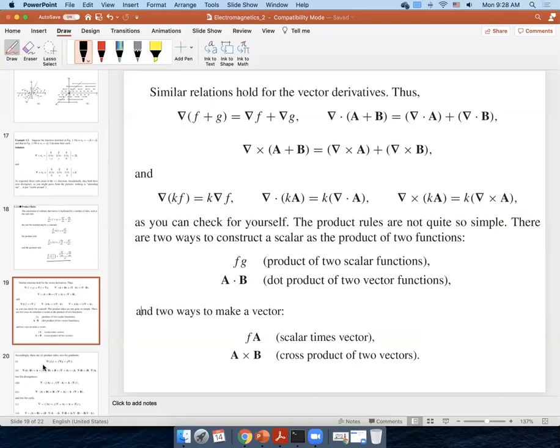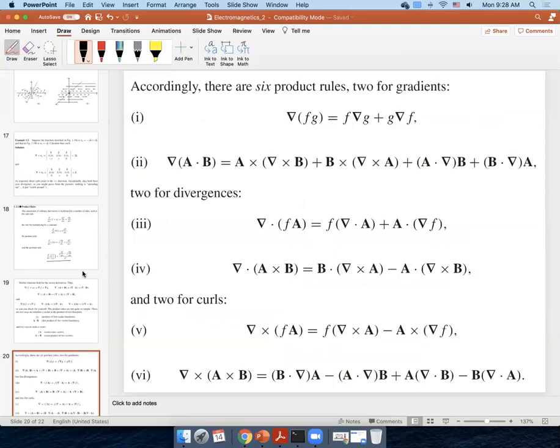Now let's see the del operator on those products. First, the gradient of fg equals f gradient g plus g gradient f.